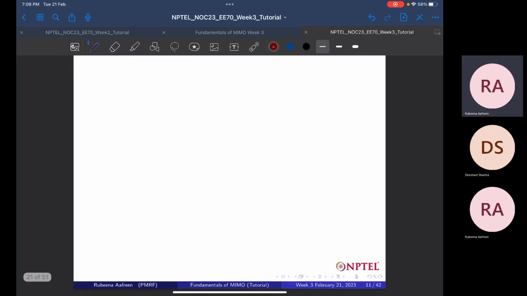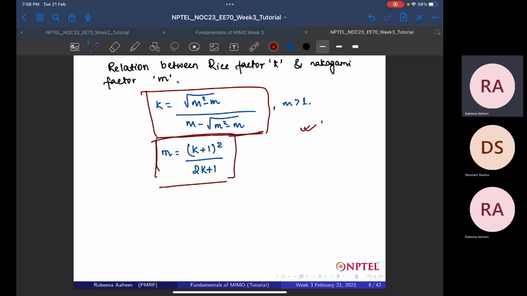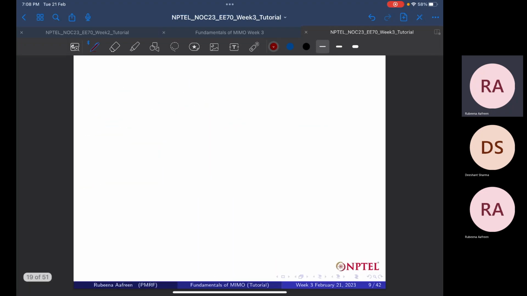So this is all about fading channels. We saw Rayleigh fading channel, Rician fading channel, and Nakagami distribution. Now we will come to bandpass signal correlation.